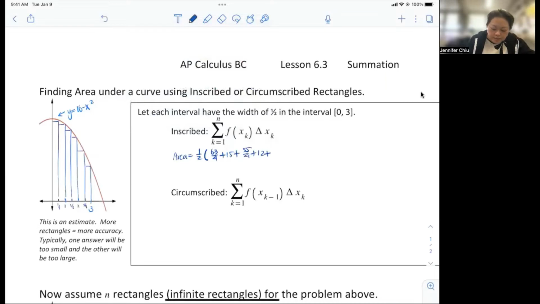And then 16 minus 5 over 2 squared, so that's 25 over 4. 64 minus 25 is 39 over 4. And then the last one will be 16 minus 3 squared, that is 7. Right, so that will be your area. And then if you add them all up, you will get 1/2 times 293 over 4, which gives me 36.625 for my inscribed estimation here.